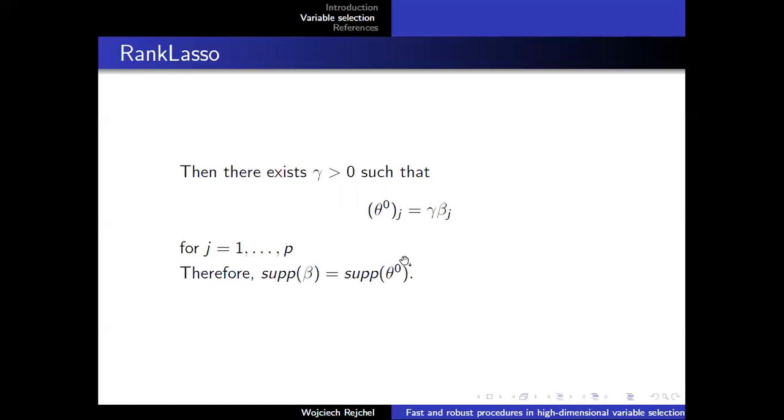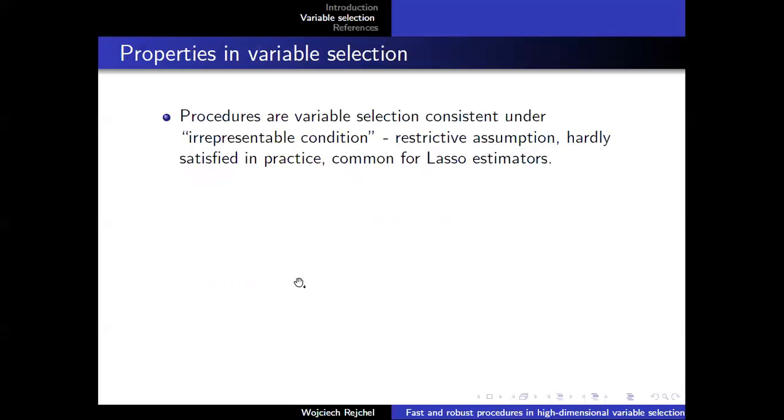So if we are able to find non-zero coordinates of theta 0, then we are able to find non-zero coordinates of beta. So we are able to find significant predictors.